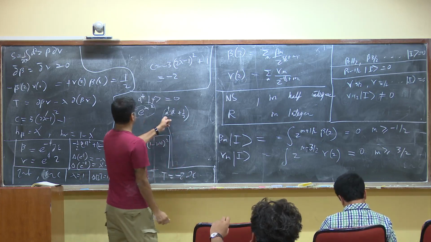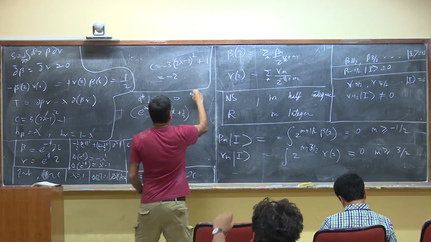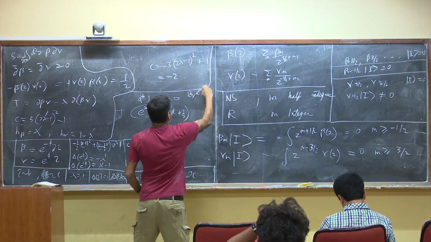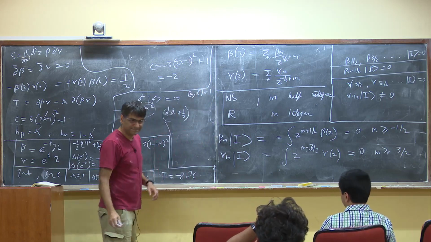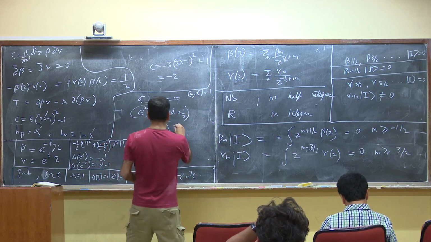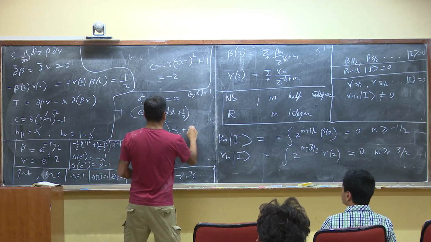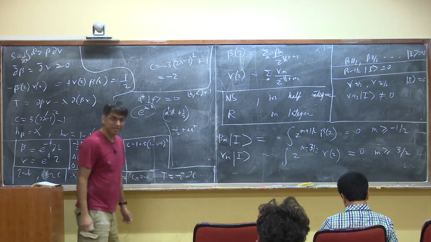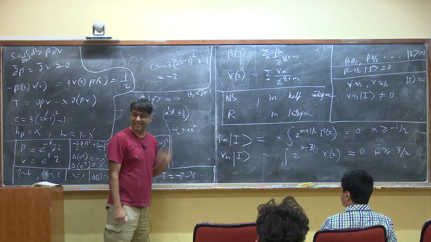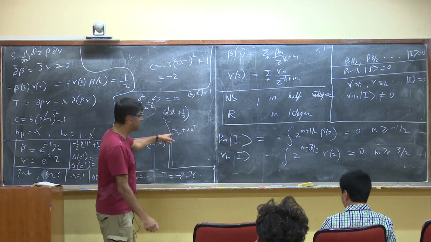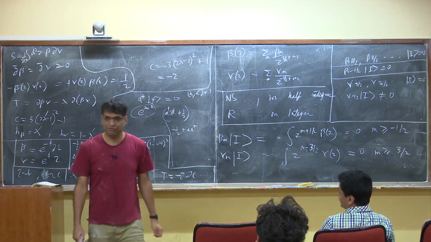And now, let us remember also that the commutator of A and A dagger is equal to 1. Which means you can write this as minus half plus A dagger A. Now, if A dagger annihilates the state, the energy of the state is negative, minus half.